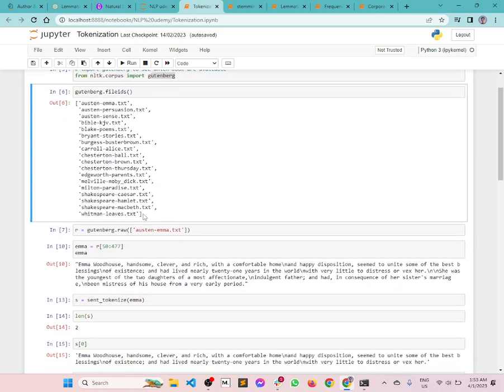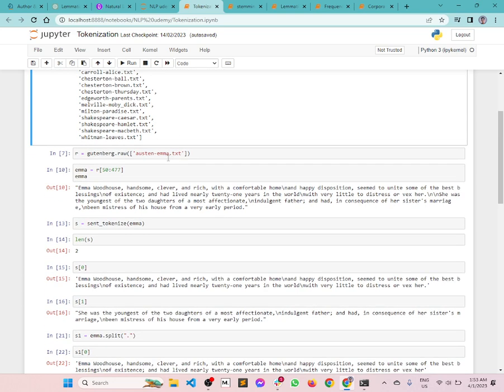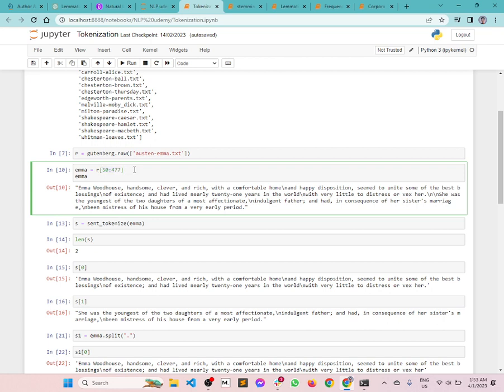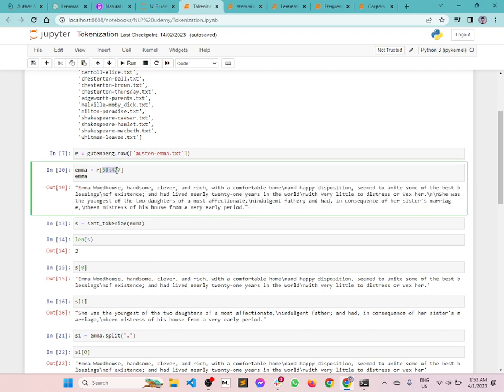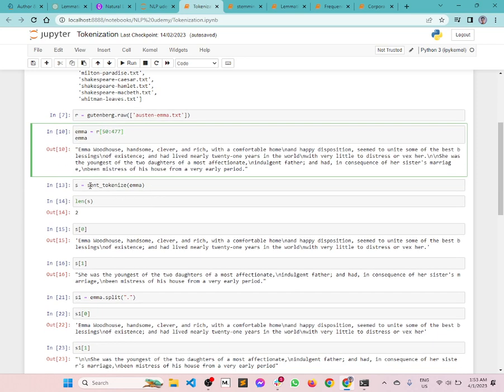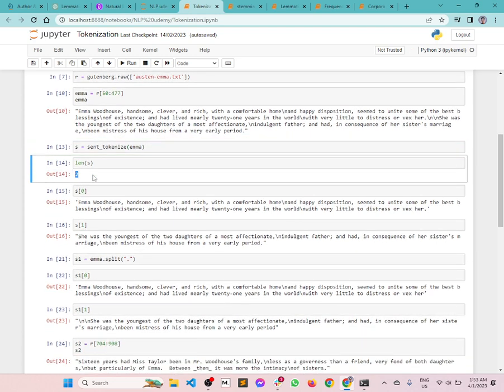Previously we were using the Bible, and now we are using the Austen Emma text. In the Austen Emma text we sort this, like 50 to 477. Then it generates this line which belongs to 50 to 477. Now if you use sentence tokenization, then actually two lines belong here, so that's why the length of s is 2.